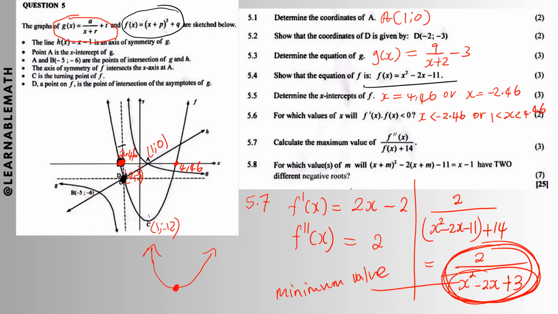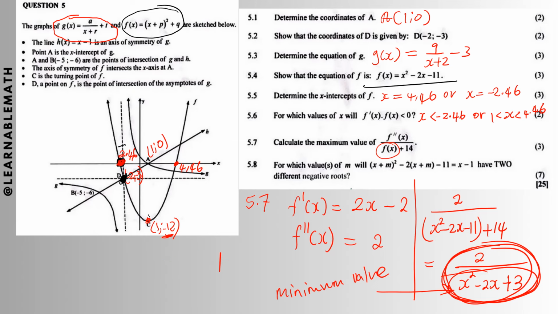The minimum value of f of x is the y value at the turning point, which is minus 12, and they added 14. So minus 12 plus 14 will be 2. Because they've shifted the graph, it will start at 2 there. So the minimum of f of x plus 14 will be 2. Or rather, you can just get the turning point of this graph, and you will see that the y at the turning point will actually be 2 as well.